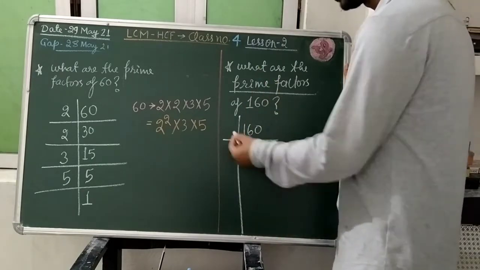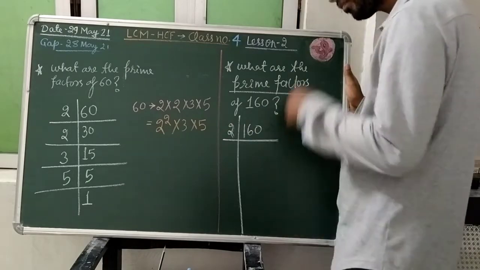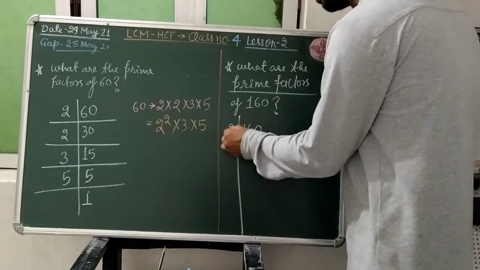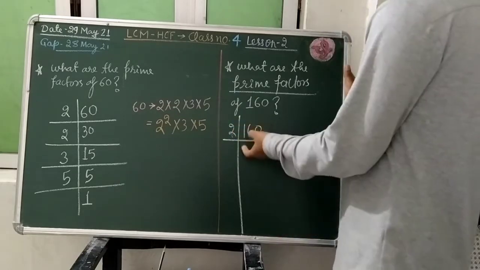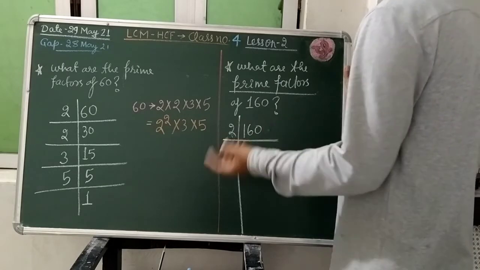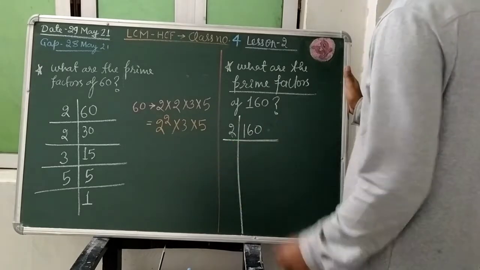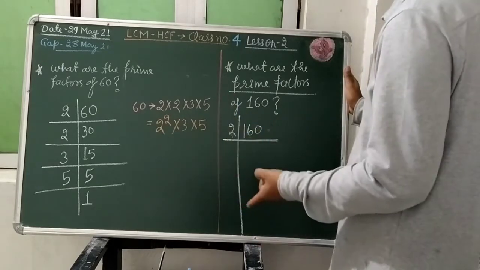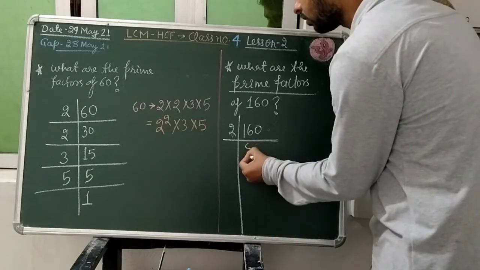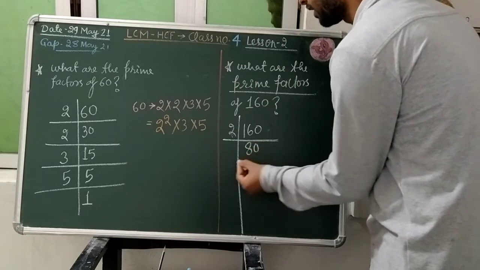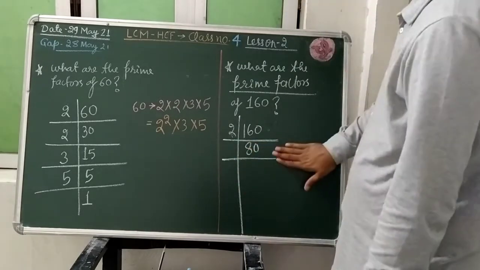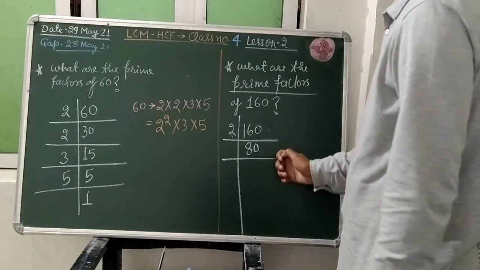So 160 is divisible by 2, and we shall select 2 here, and how many times will this 2 divide this 160? It will go 80 times, friends, and we will get the quotient 80 and the remainder is equal to 0. That quotient we will write here next, and the second horizontal line will stop.